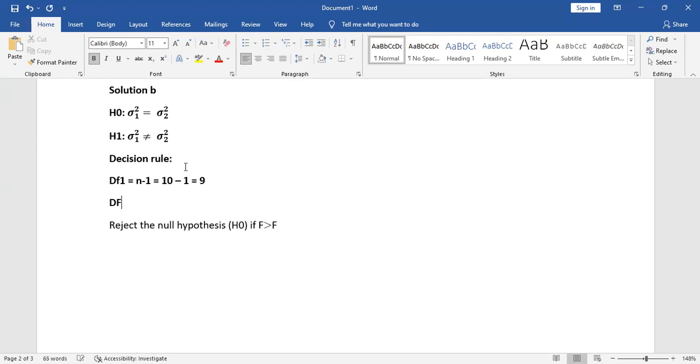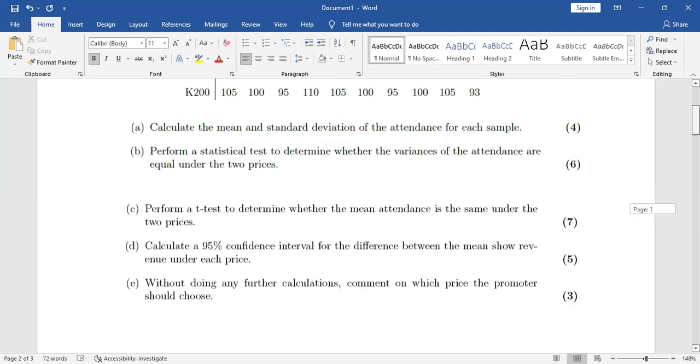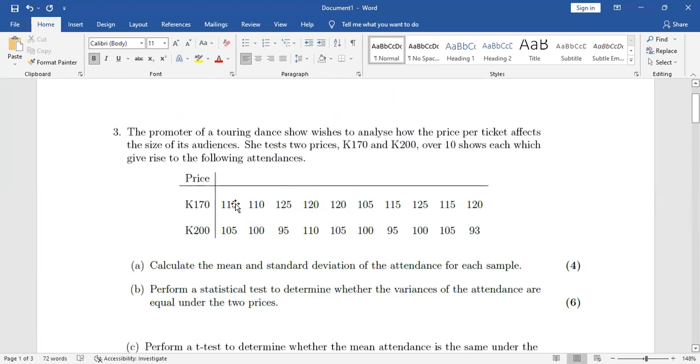Then the degree of freedom 2 is also n minus 1, which is also 10 minus 1. Where are these 10s coming from? From the question, the data set, there are 10, starting from 115 up to 120 there. Equally for 200, there are 10, starting from 105 up to 93 there.